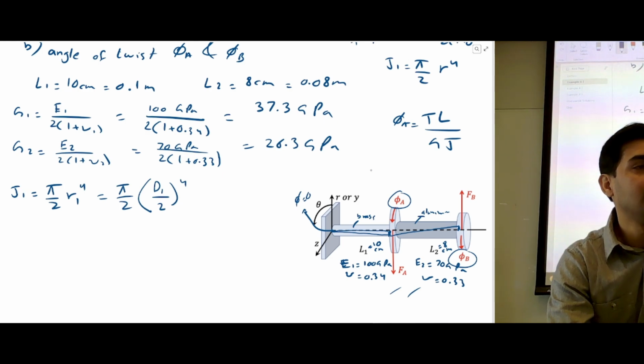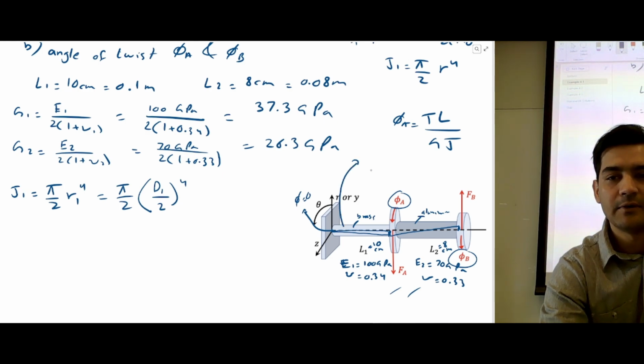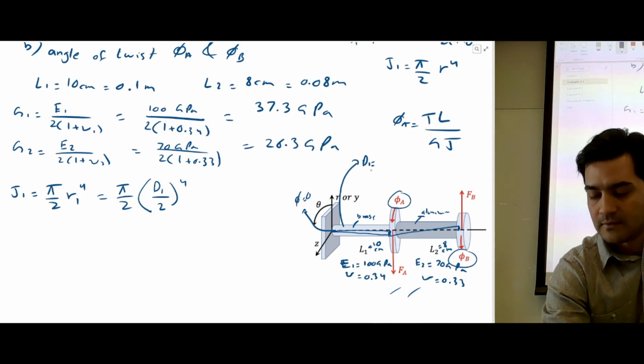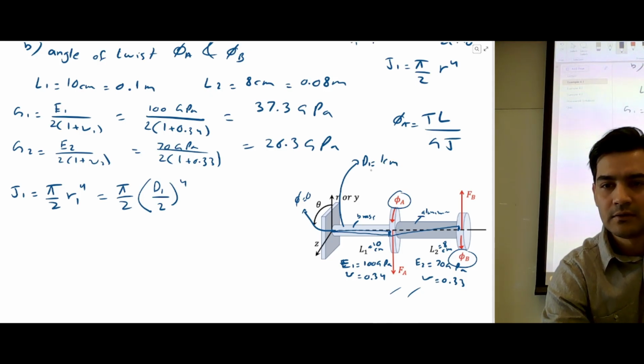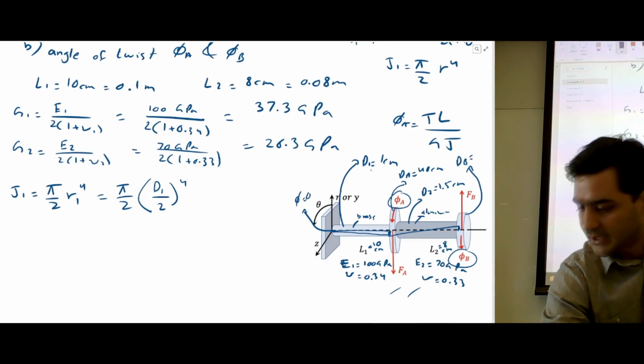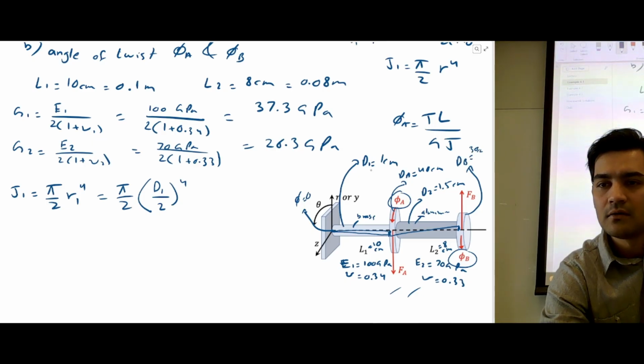Because we have been given so many diameters. The diameter D1 is 1 centimeter. The diameter DA is 40 centimeter. This is D2, which is 1.5 centimeter, and this is DB, which is 30 centimeter.